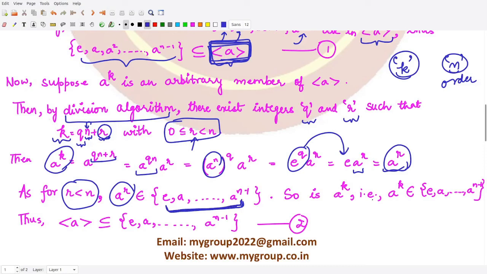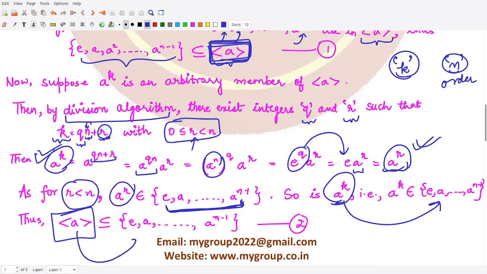So a to the power r is present in this set, and a to the power r is nothing but a to the power k. So a to the power k is present in this set, and a to the power k was an arbitrary element of the subgroup generated by a. Therefore the whole of this subgroup is contained in this set.